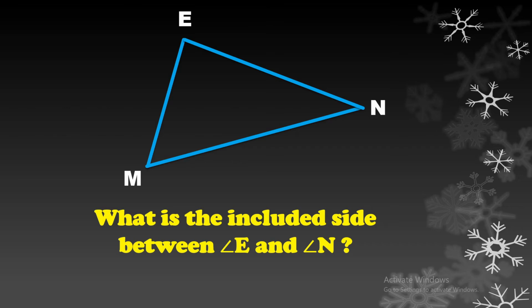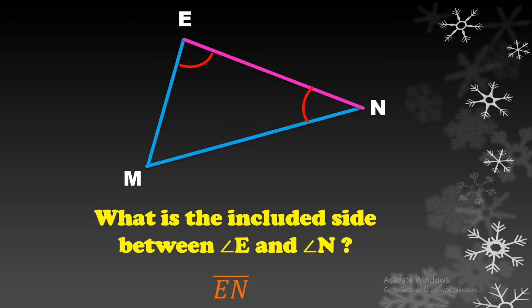Next, what is the included side between angle E and angle N? Very good. It's side EN or segment EN. So we have here angle E, then this is angle N. So the included side is the side between those two angles or the side common to those two angles. So that's side EN or segment EN.